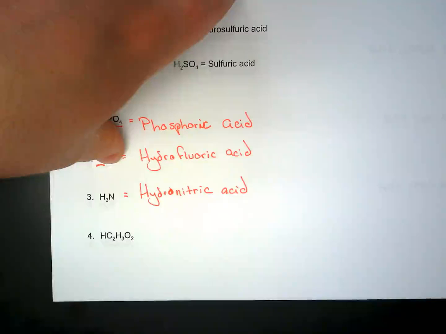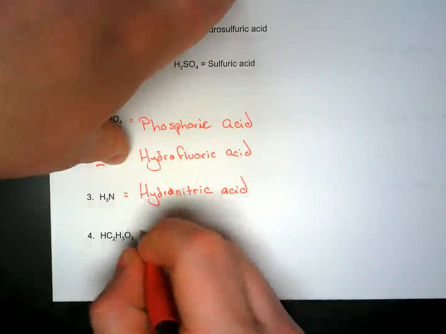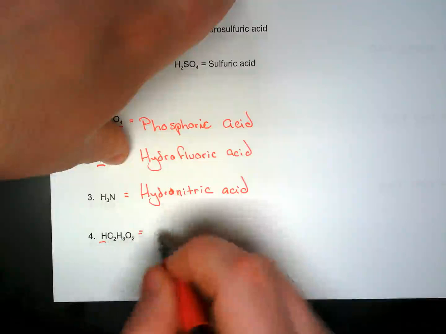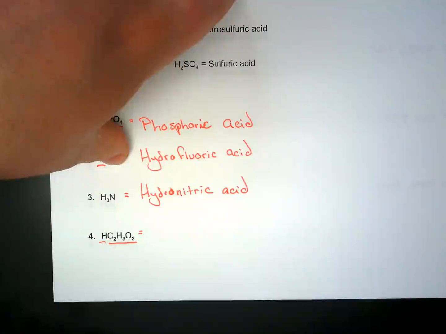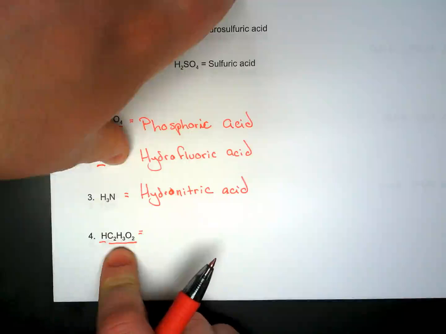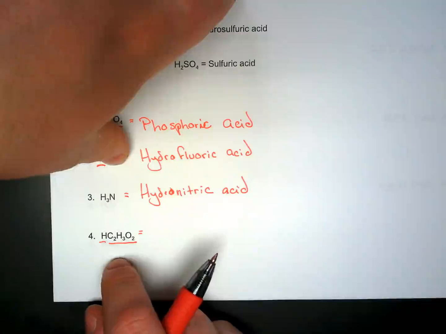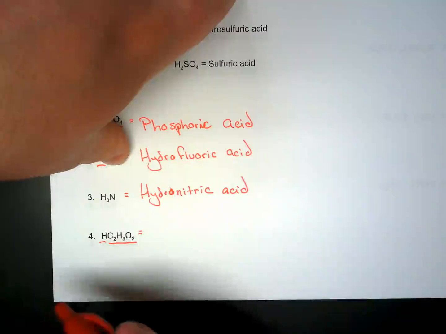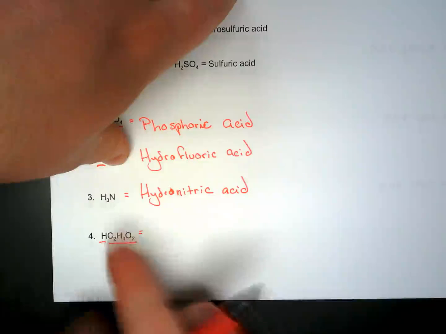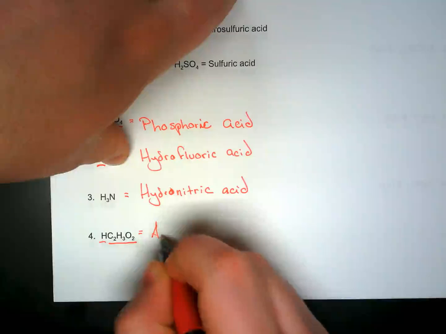Hydronitric acid. And then this goofy looking guy down here. Of course, that H is there, but you have this big old mess. So it's not going to get hydro. Well, what is it? We'll look it up. We'll see that it's acetic, or it's acetate. Pretty much just ruined that surprise for you. So there's acetate.